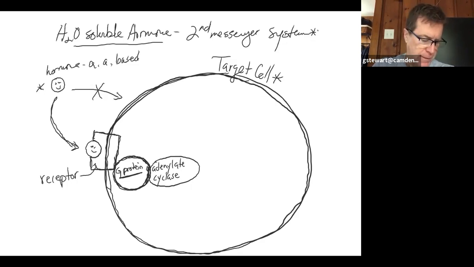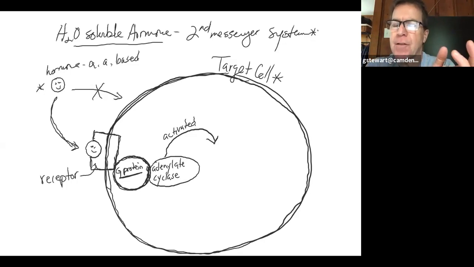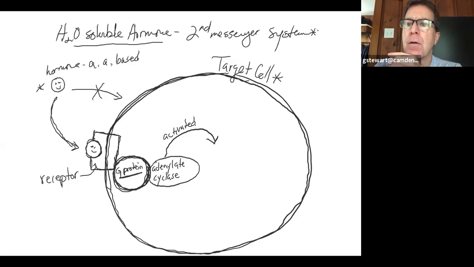Now, this adenylate cyclase, when activated, I'm going to draw an arrow this way. This is all explained in your book, but if you watch me do it, hopefully it'll be a little more simplified and clear. So it's called a cascading event in which we activate one thing and it activates another and another and another. So this binding out here activates the G protein, which activates the adenylate cyclase enzyme.